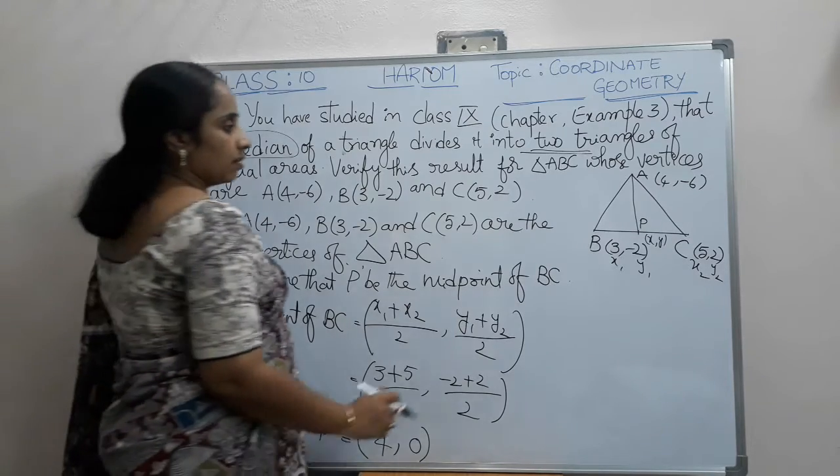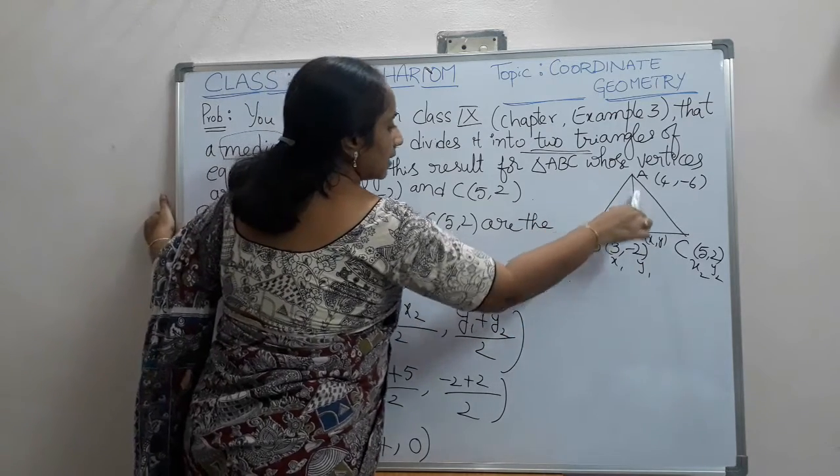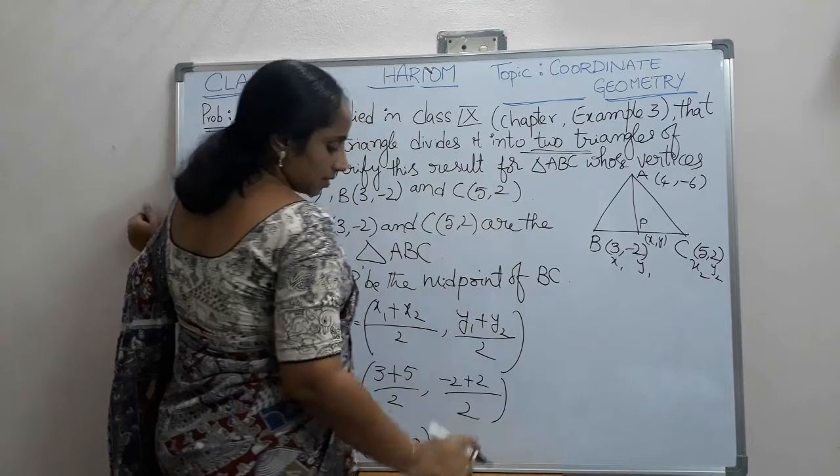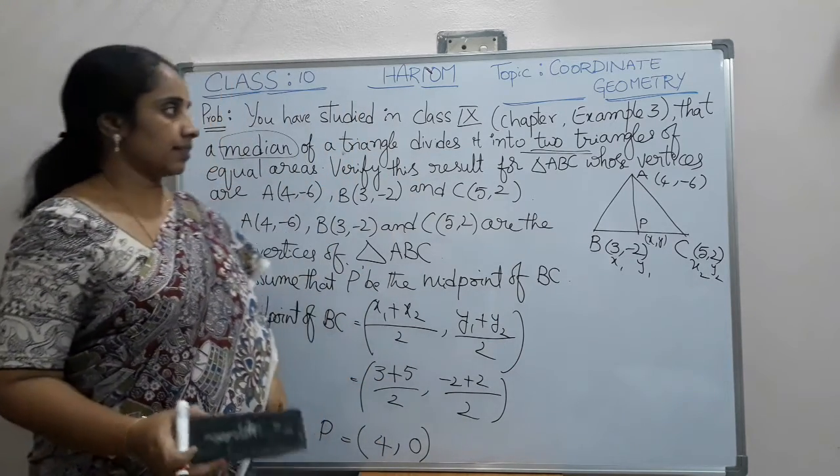Now, find the area of triangle APB and triangle APC. From that, we can verify our result.